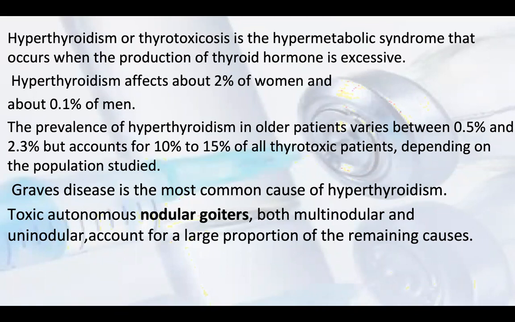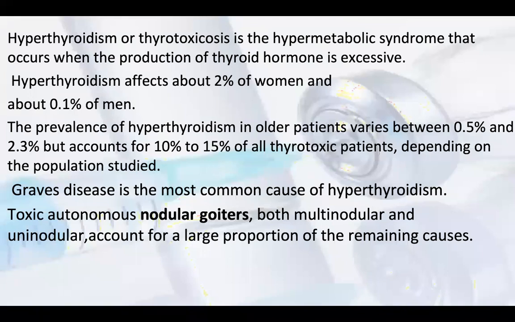Thyrotoxicosis is the hypermetabolic syndrome that occurs when the production of thyroid hormone is excessive. So thyrotoxicosis is due to increased thyroid hormone. Hyperthyroidism affects about 2% of women and about 0.1% of men.